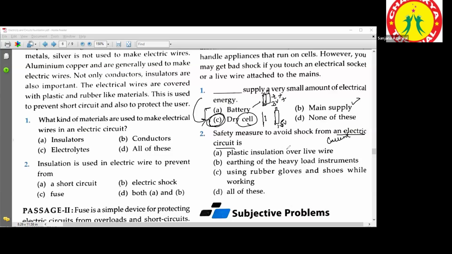So plastic insulation over live wire is also necessary. Earthing of heavy load instruments, because if excess current flows through the instrument, then instead of passing to the earth, that instrument will give us a shock if we touch it. Okay. Next, using rubber gloves and shoes while working. This is also good. So option should be D.